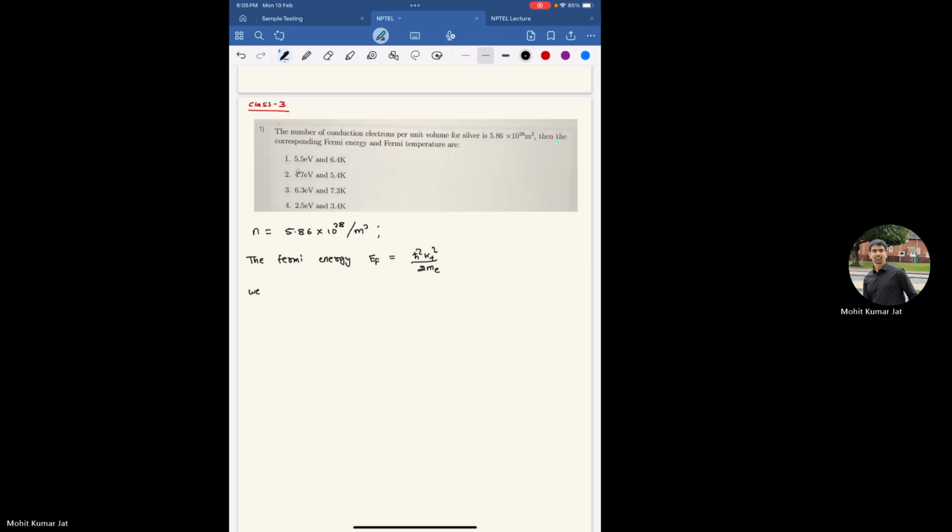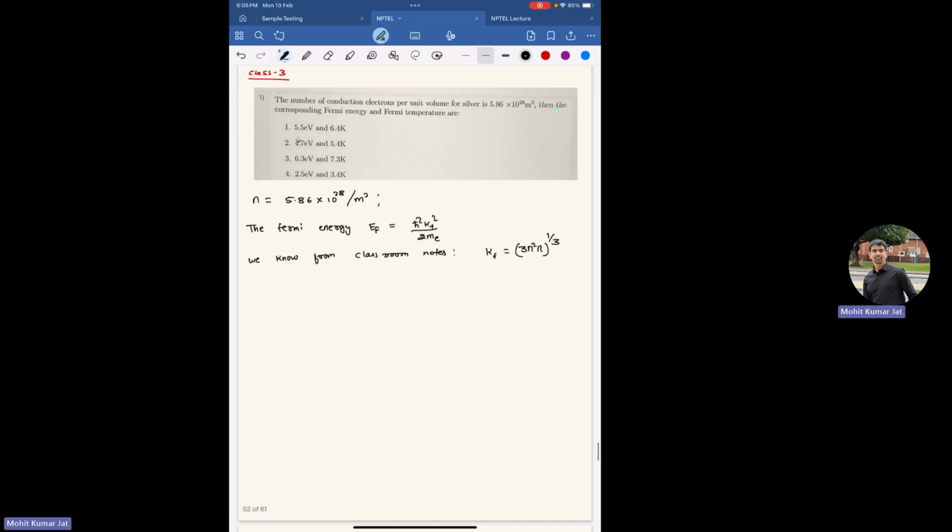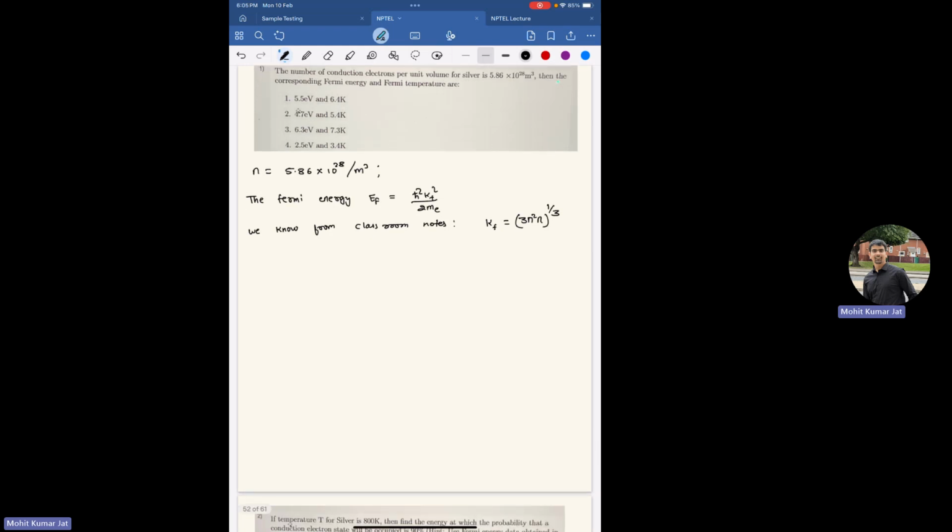We know from classroom notes, and we can derive it easily, that Kf is nothing but 3 pi square n to the power 1 by 3. You can derive this from the number of available states in 3D. So the Fermi energy will turn out to be h bar square times 3 pi square n to the power 2 by 3, divided by 2 mass of electron.